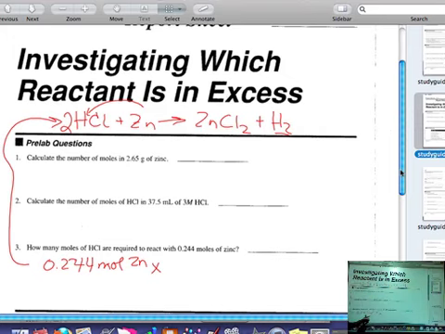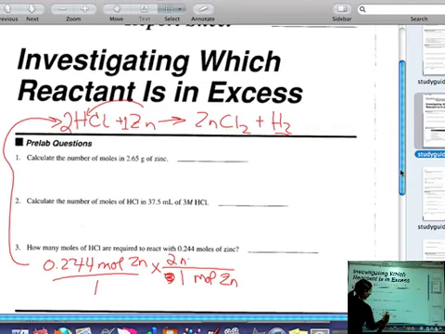So I'm going to back up and repeat this. How many moles of hydrochloric acid are required to react with this many moles of zinc? We've got to look at this as a ratio. This is how many moles we have of zinc, so we put zinc on the bottom, and we think of it in terms of moles. We set up 1 mole of zinc for every 2 moles of hydrochloric acid.